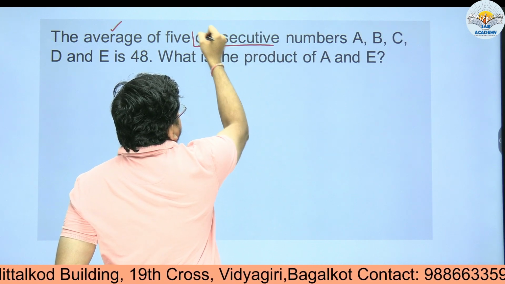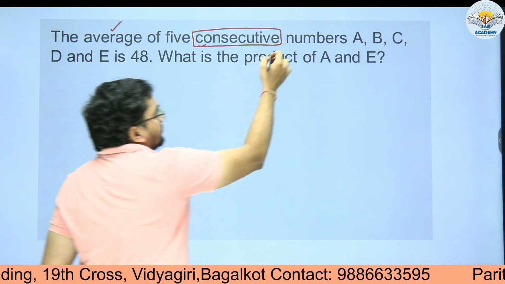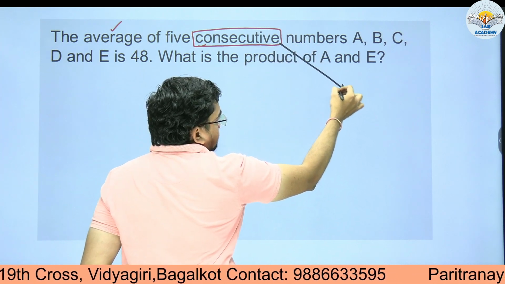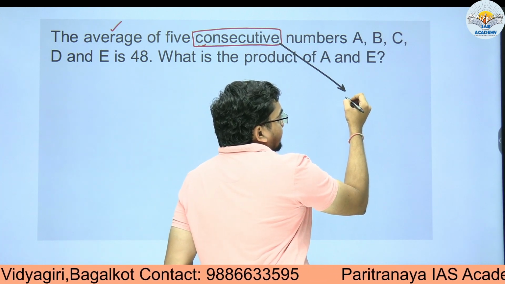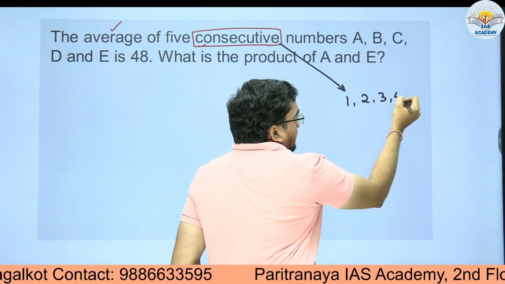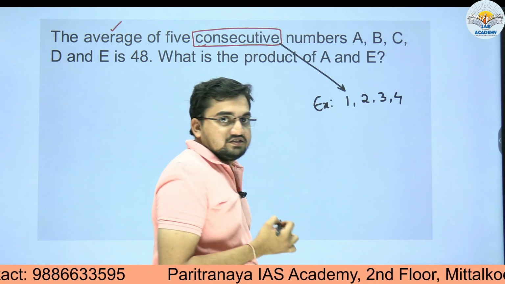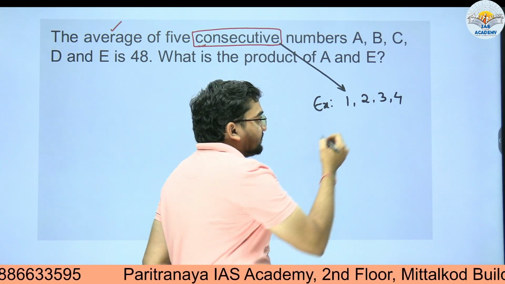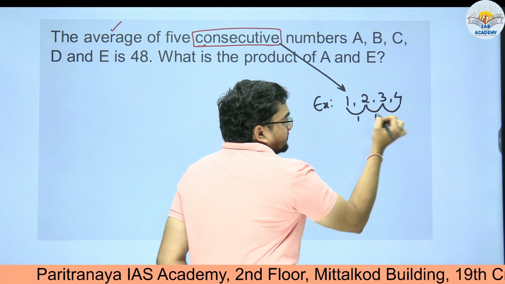What do you mean by consecutive numbers? This you have to understand. Normal consecutive numbers are numbers with a difference of 1. I have taken an example where these are consecutive numbers and the difference is 1.